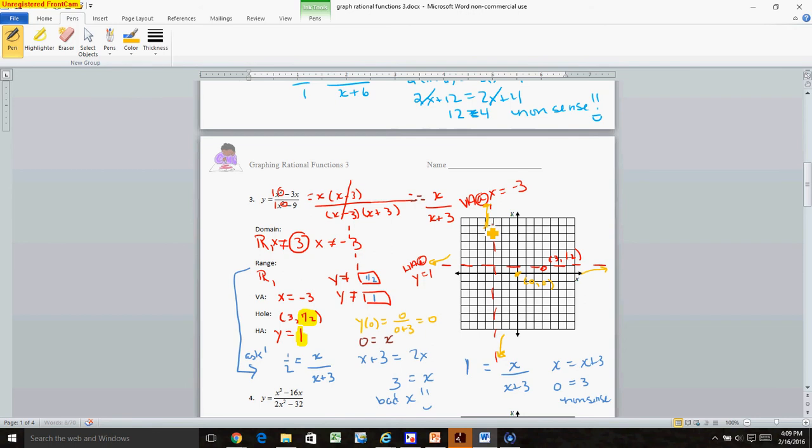I know I'm continuous everywhere else and that I don't hit the horizontal asymptote, so I must swoosh up from here, hit my x and y intercept, hit my hole, go across my hole, and then slide. I have trouble with my slides over here on the scale. It's terrible looking. But I have arrows everywhere, right? All done.